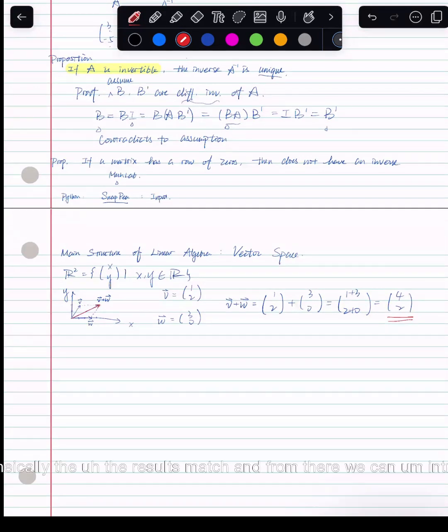So adding vectors algebraically and geometrically, the results match. And from there, we can introduce vector space with two operations.